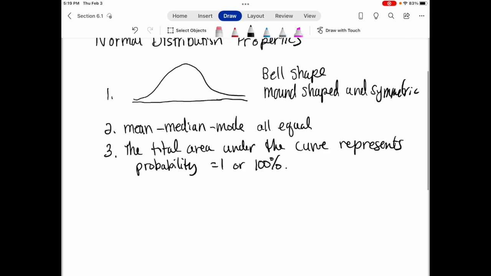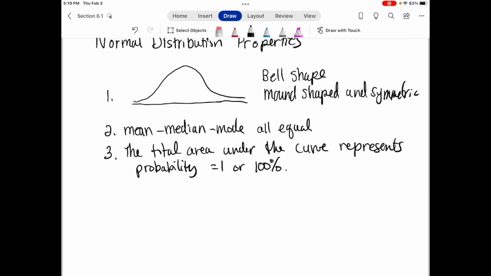Okay, another thing that you need to know about the normal distribution is that when you look at the tails, and by tails, I mean this piece over here when it comes off to the end, the tails get closer and closer to the x-axis, but theoretically, as they get farther away from the mean, they're never actually going to touch the x-axis.